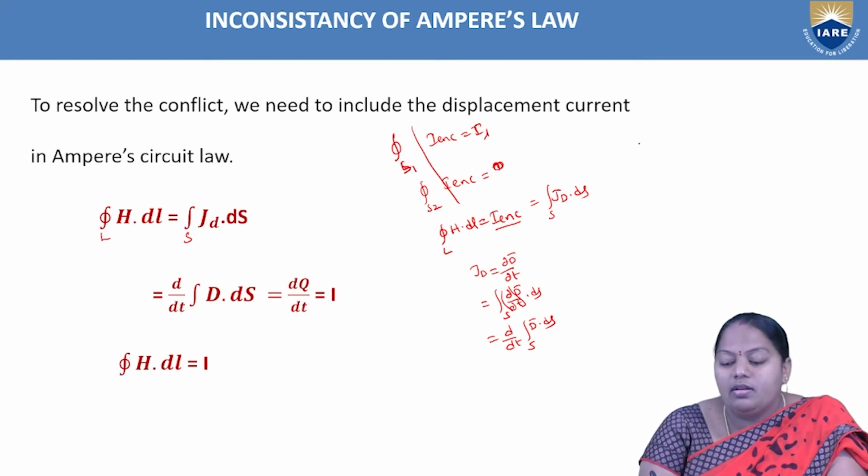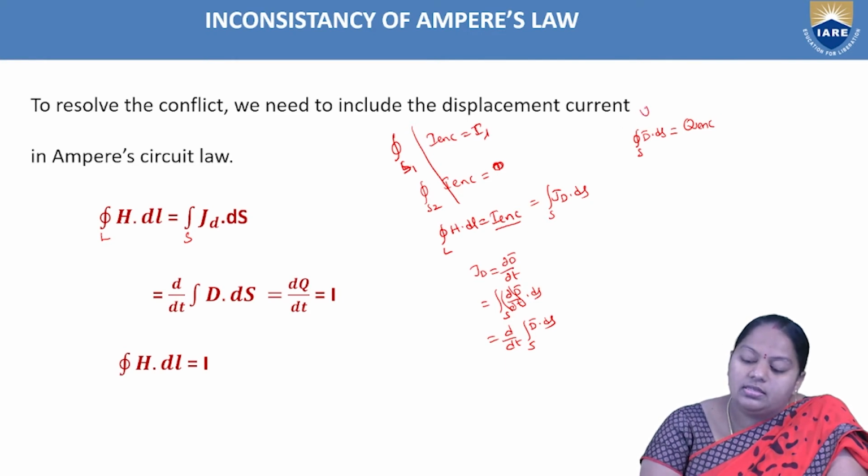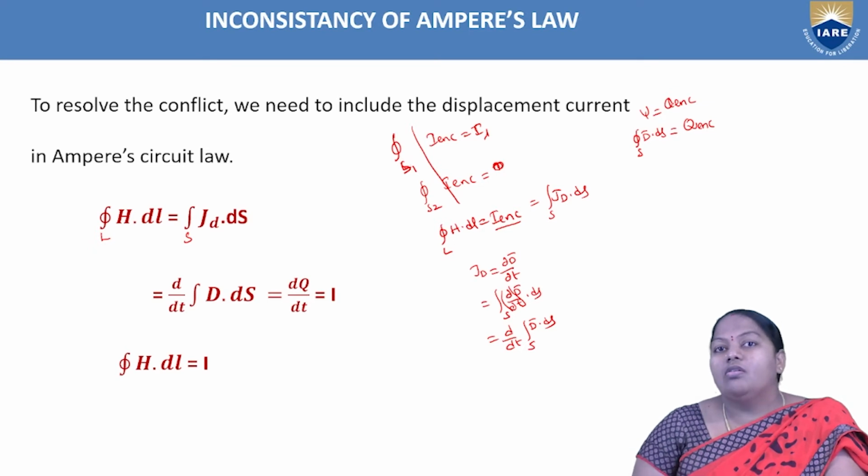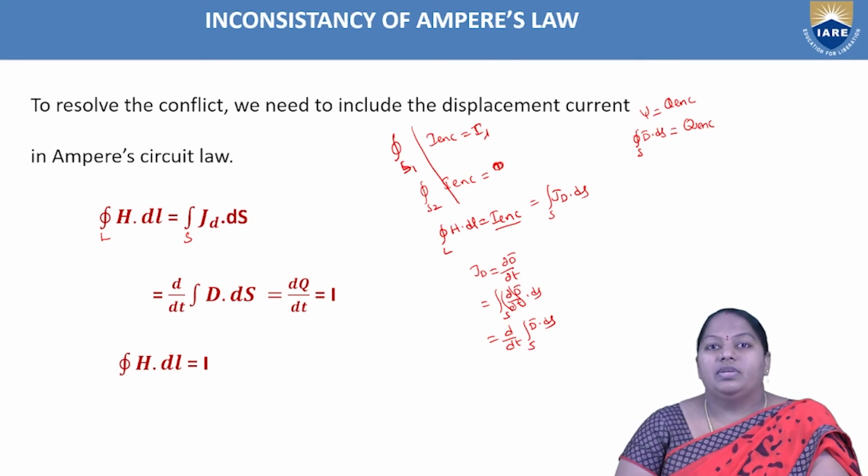Gauss law states that the flux passing through any closed surface, the integral of D dot ds, is nothing but the total charge enclosed by that surface, that is psi is equal to q enclosed. What does psi resemble?